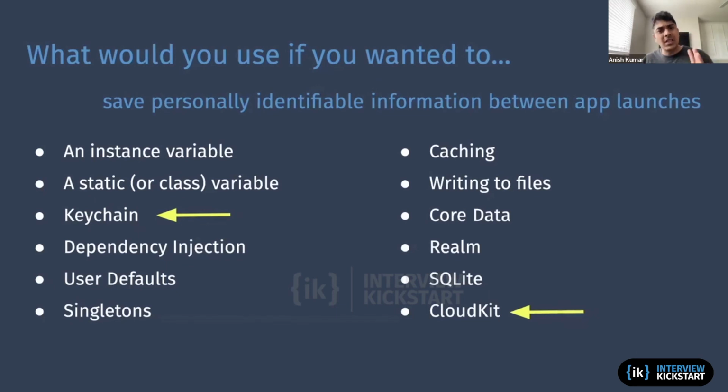But a mid to senior level engineer is expected to know Keychain and CloudKit are the only two solutions that will encrypt out of the box, and to use them in scenarios where encryption and privacy are important, such as authentication.